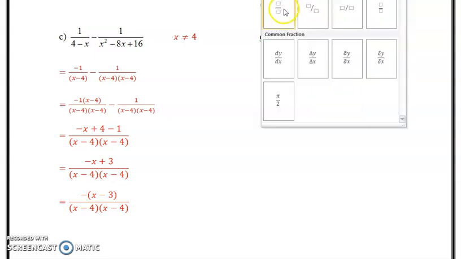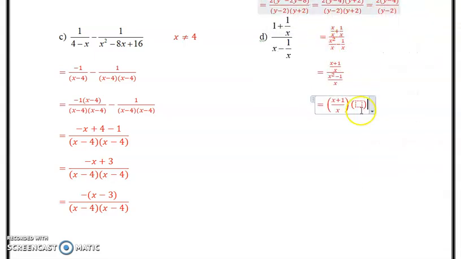So now we're going to switch that to multiply. So we do a little bracket, and then we take the reciprocal of the whole denominator, which was x squared minus 1 over x. So it's going to be x over x squared minus 1. So I multiply by the reciprocal of this whole denominator, because it's a fraction within a fraction.